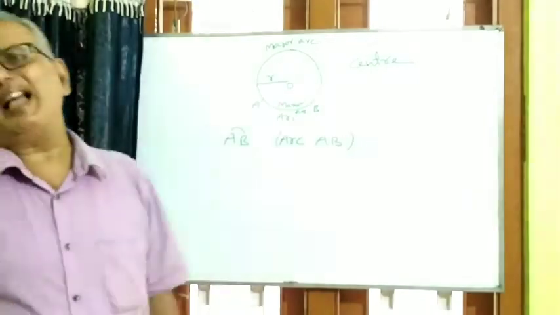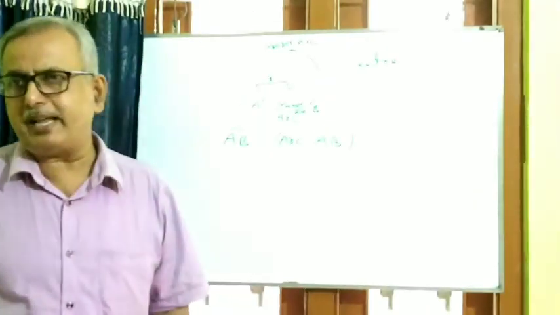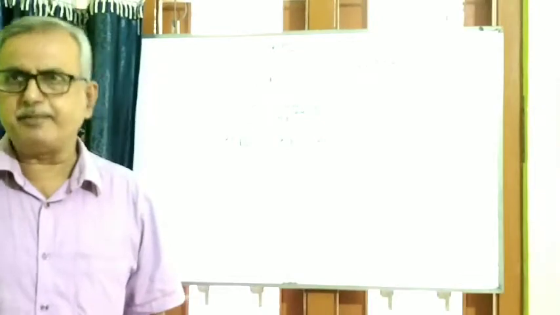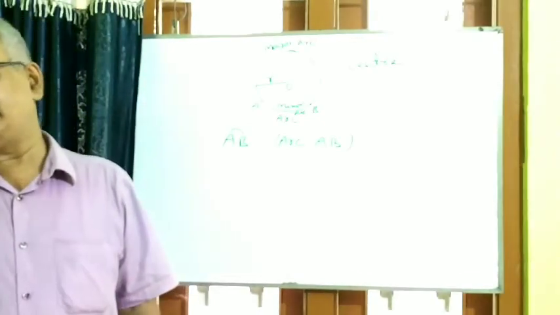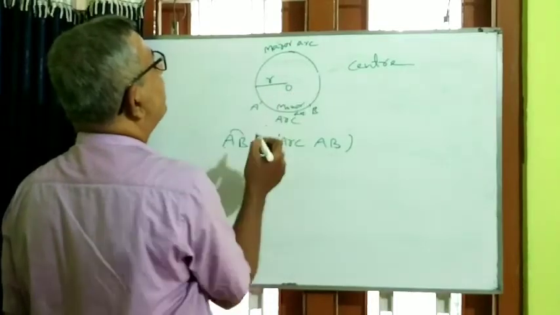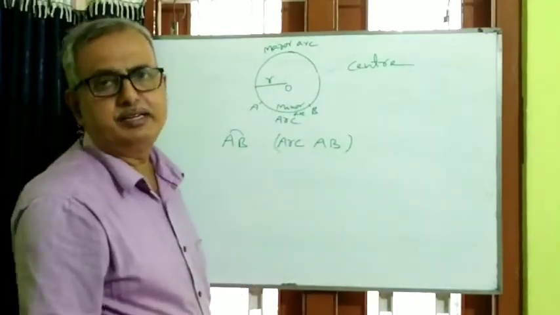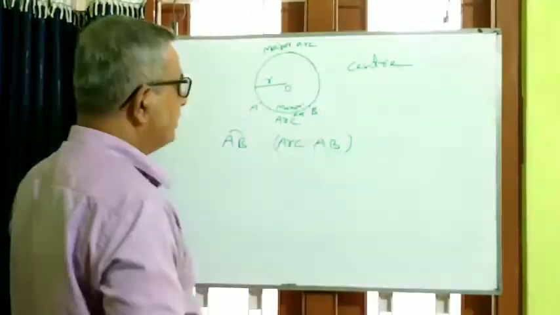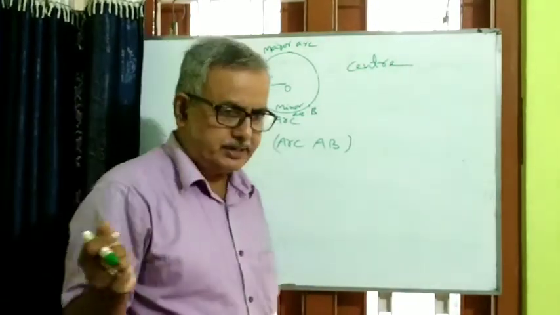And twice the radius is called what? Diameter. Twice the radius is called the diameter. So this is the radius, and if you make it double, then it will be the diameter.